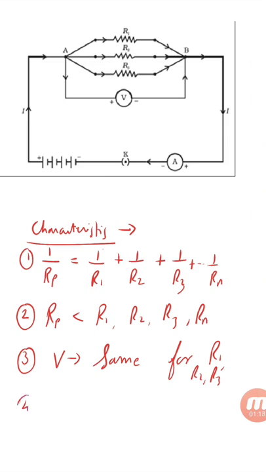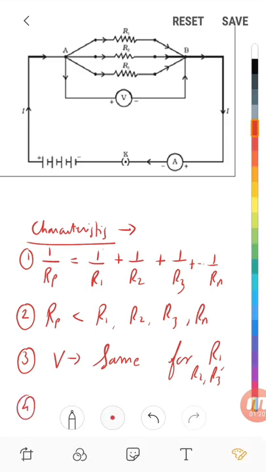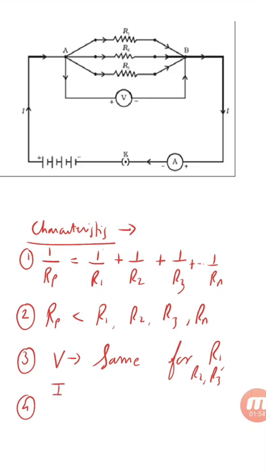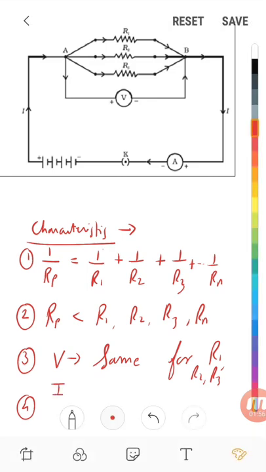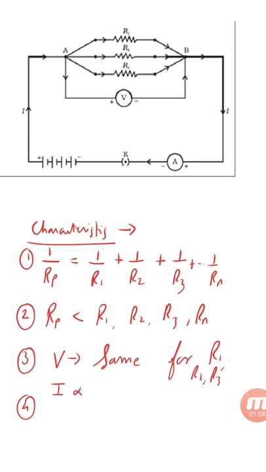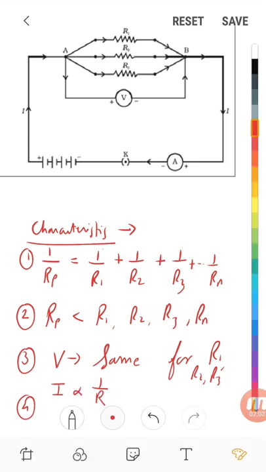Fourth, different currents will flow through each resistance. The current flowing through an individual resistance will be inversely proportional to the resistance. This we have already seen earlier.